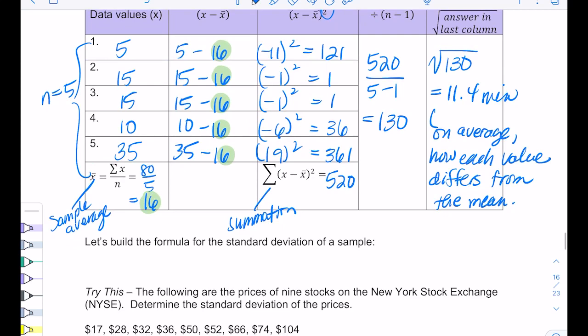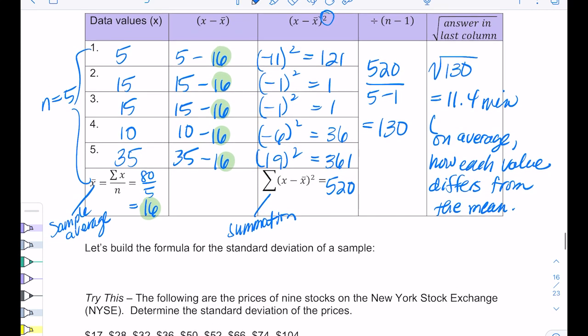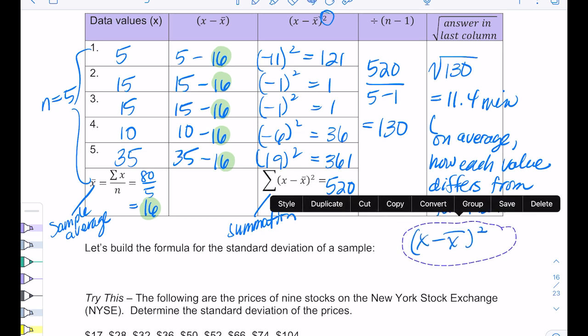So let's build the actual formula. The formula looks kind of scary when we're finished with it, but really the formula is just broken down into steps. So what's the first thing we did? We needed to take all of our values x and subtract the average. And then once we did that, what did we do? We squared everything to make it positive. Then what did we do?